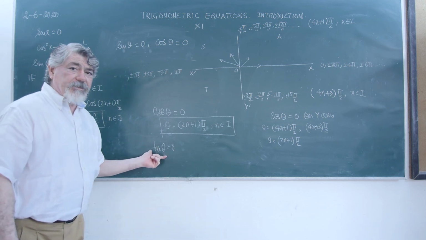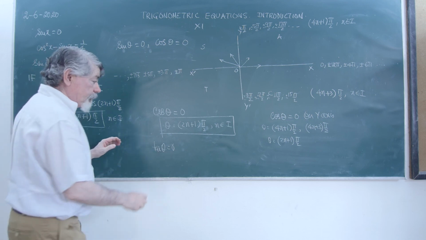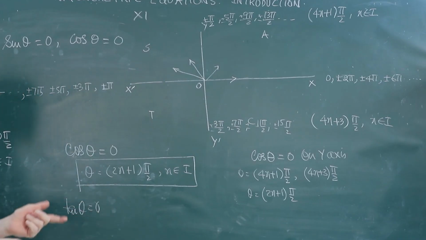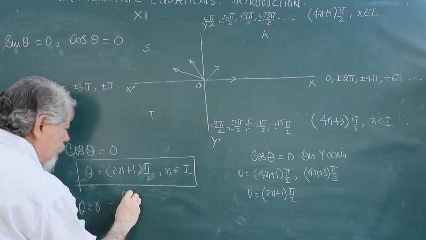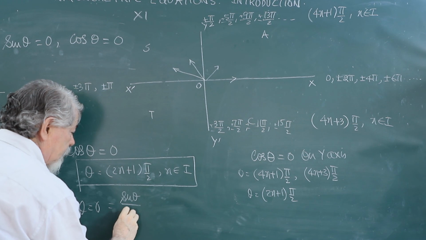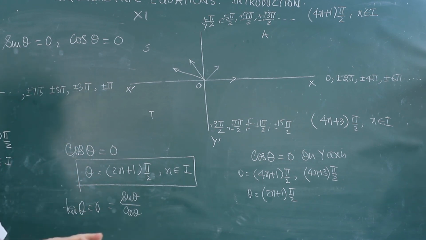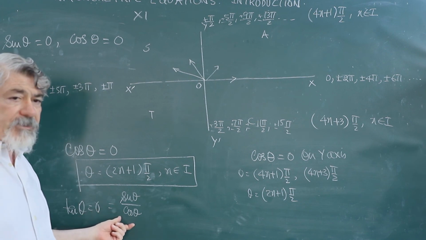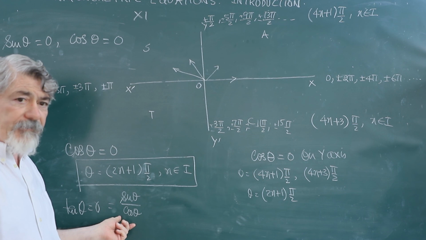If tan theta is 0, what will happen? Tan theta is 0 where sin theta is 0, because tan theta is sin theta upon cos theta. For any fraction to be 0, the numerator has to be 0. The denominator cannot be 0; if the denominator is 0, it becomes not defined.